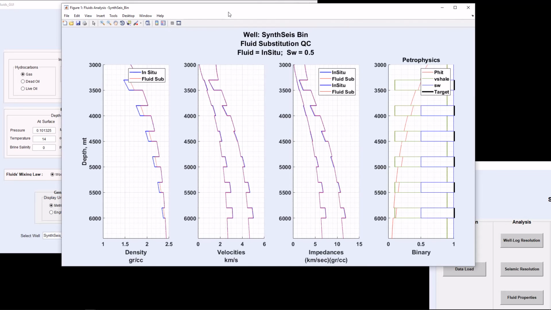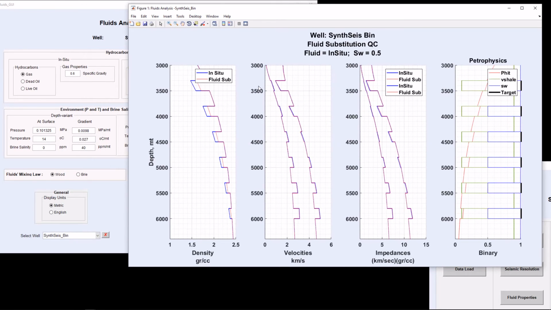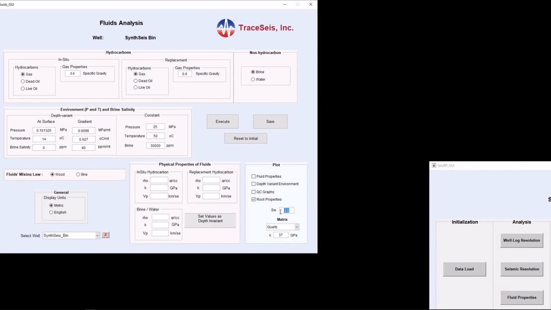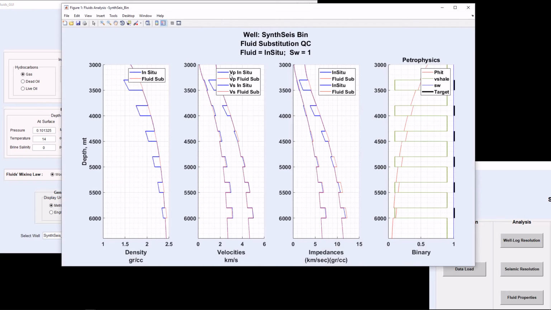This is how the rocks would look if we had gas as the in situ fluid and the replacement fluid with a 50% water saturation. Let's see how this would look if the reservoir was saturated with brine. So changes are seen in the density and the velocity, especially up shallow where the porosities are high.